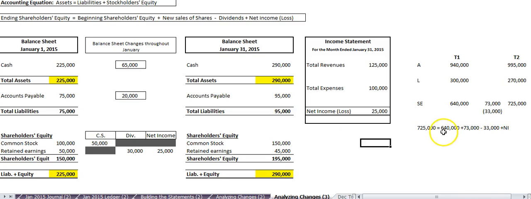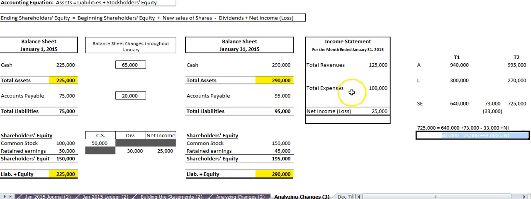So when we shift these numbers over here, as you know, you should know algebra by now, all you do is change their signs, and you should have something like this, right? You should have 725, the 640 goes to the other side negative, the 73 positive goes here negative, and the 33 negative goes here positive, equals net income, right?